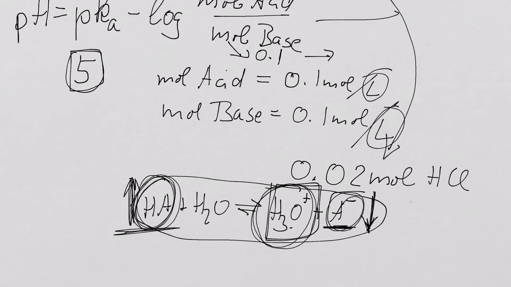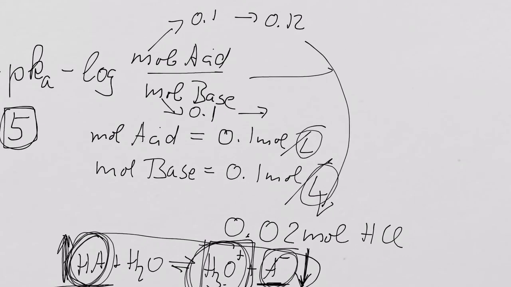So in this case, it goes from 0.1 to 0.08. Yeah, 0.08. Why 0.08? This is basically 0.1 minus the protons. Yeah? Make sense?